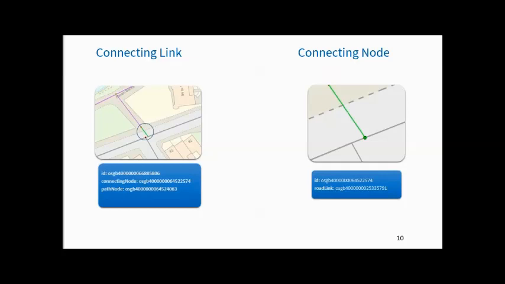On the other hand, the connecting node is a point feature that identifies the point along the road link, you can see in the example as well, and provides a reference to the road link. It has snap to the road link. Again, the road link is not actually split at the location of the connecting node, and the connecting node is referenced as well by connecting link.